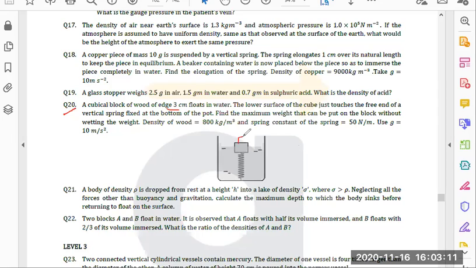We keep a small mass, this mass is capital M, so I can calculate. The downward force is capital Mg plus small mg. This is the downward force. And the upward force will be because of buoyancy plus kx, the spring force. Right, everyone?